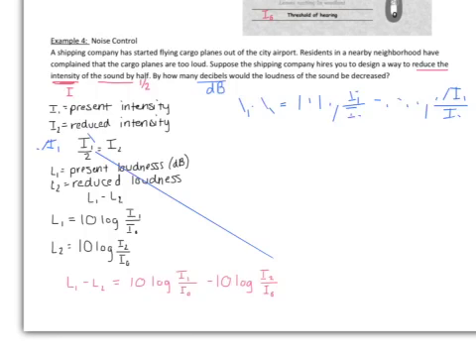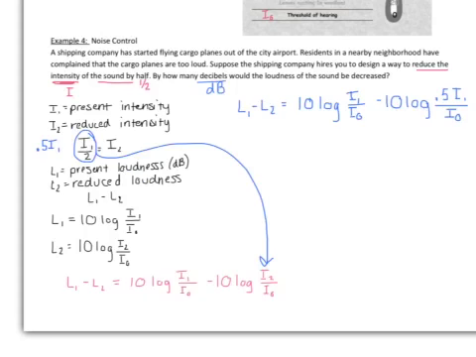We're getting there, I promise. We are going to use the properties that we just did. So to break things up here, I'm going to break this apart.